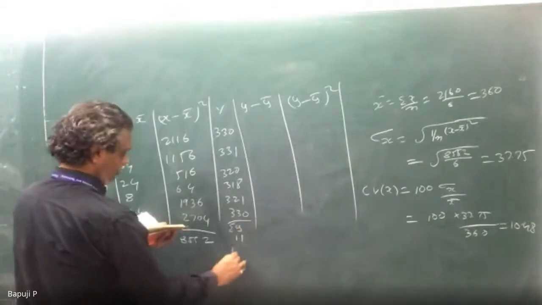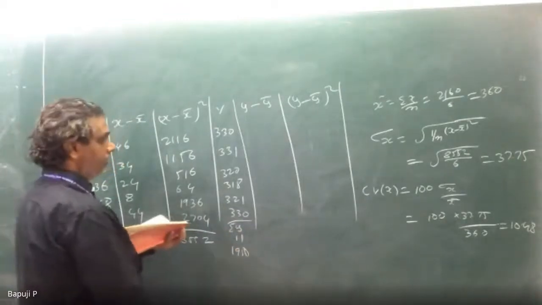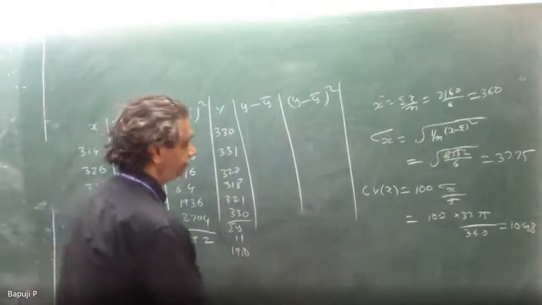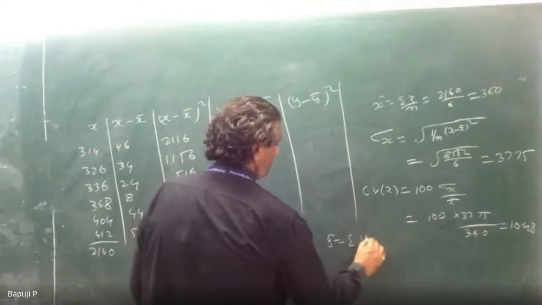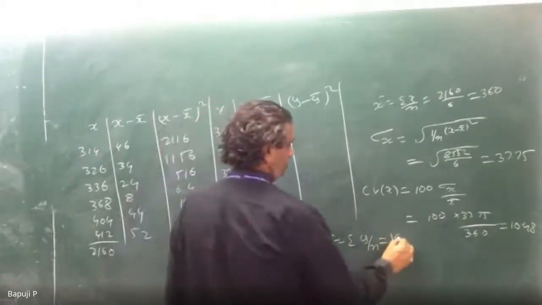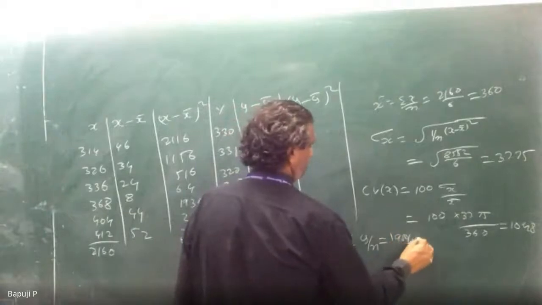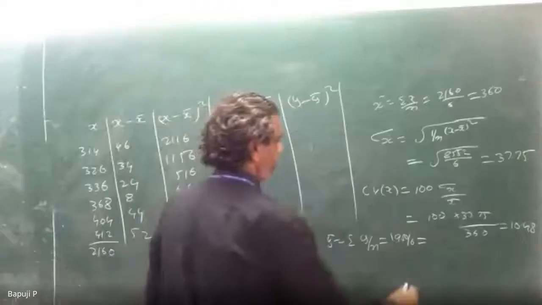Sigma y is equal to 1950. Nice. Then what is y bar? 325. Very good.